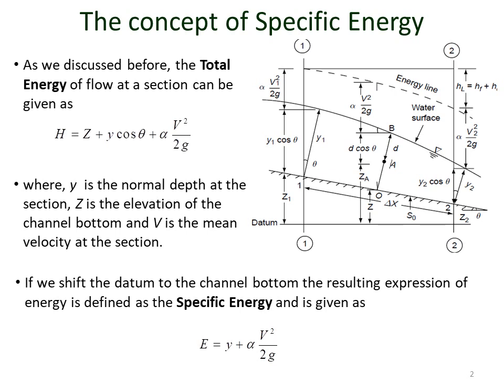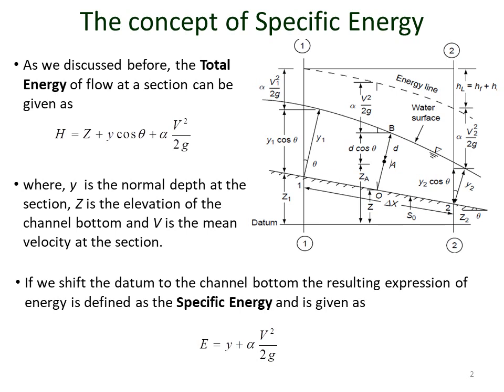Here we have discussed before that Y is the normal depth at the section, Z is the elevation of the channel bottom, and V is the mean velocity at that section. Now imagine that we shift the datum. The datum has been shown in the figure on your right.